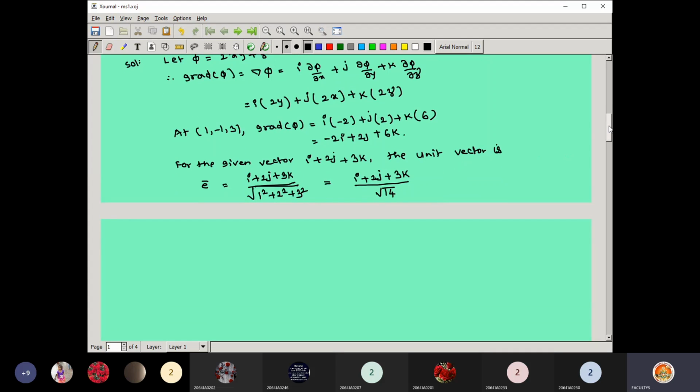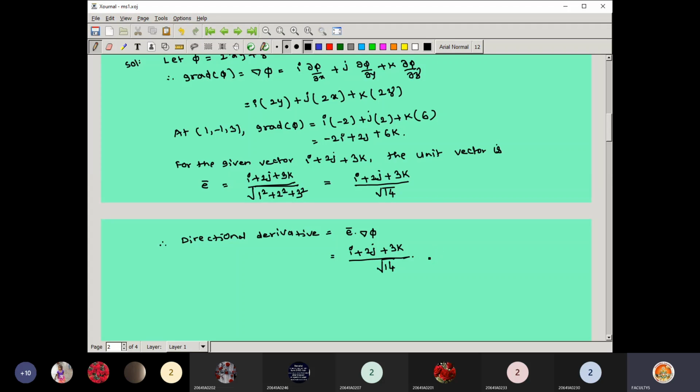So after getting that, the directional derivative can be calculated as E bar dot product with the gradient. E bar means i plus 2j plus 3k divided by root 14, dot product with del phi.